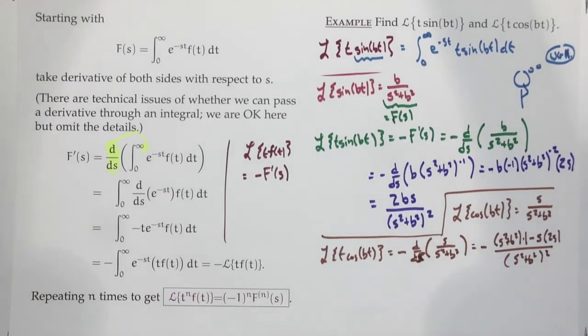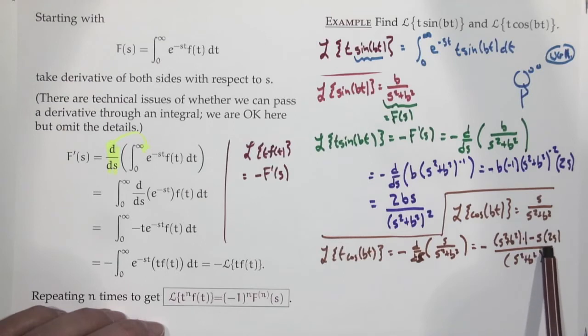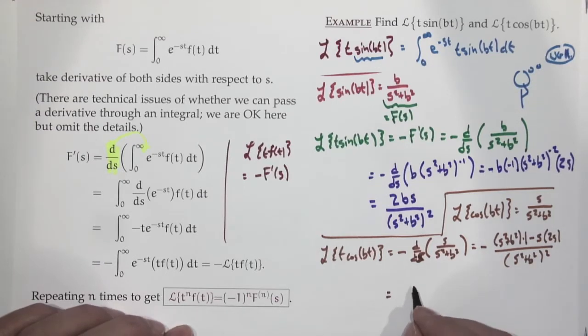Well, if you work that out, you have s squared subtract 2s squared, which makes a minus s squared. But then there's another minus here, so don't forget about that other minus. When you put those all together, you end up with a positive s squared minus b squared divided by s squared plus b squared, squared.